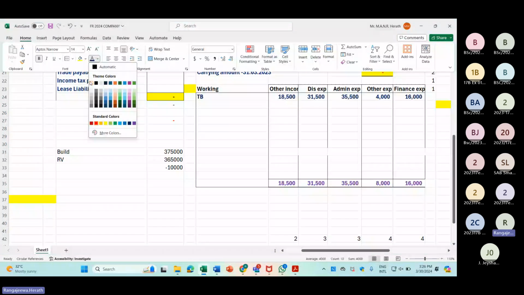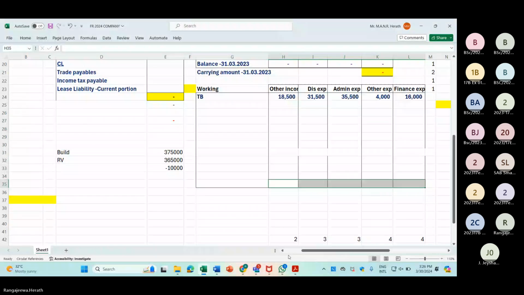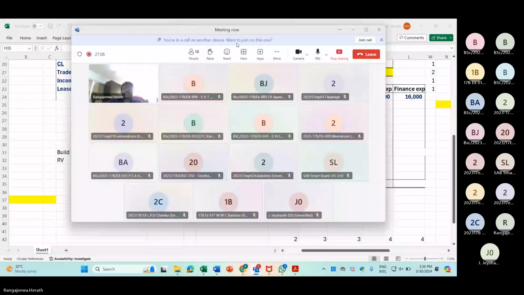Now, the first additional information, you see that the financial asset represent 200,000 shares issued at 3 million.